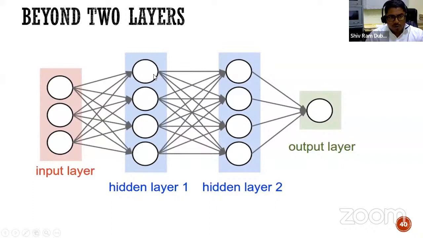The output of the neurons in the previous layer becomes the input for these neurons, and they also have their own weights. So each of these neurons will have 4 weights, and they do the computation in the same manner, w dot x plus b, which is then passed through some non-linearity, and that becomes the output of the neuron in this layer.